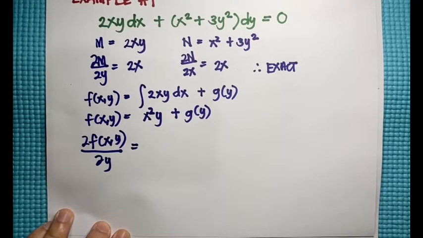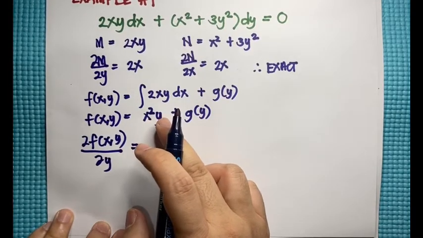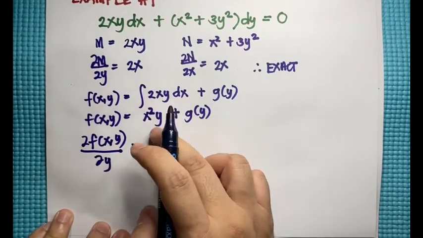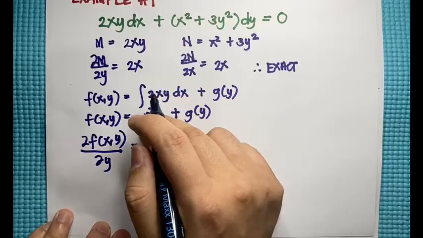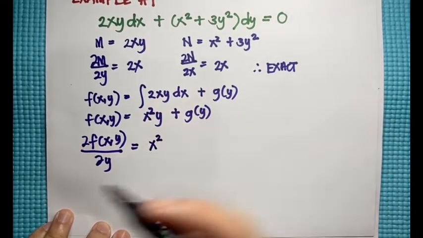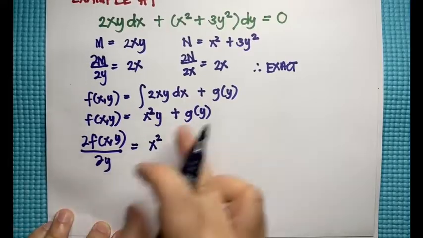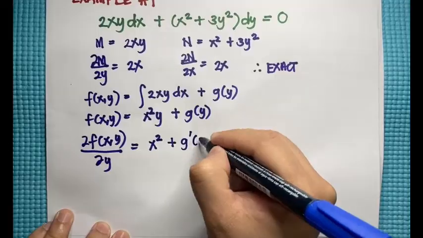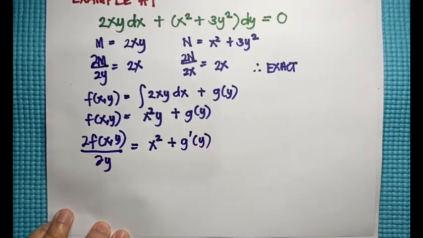So the derivative of x squared y with respect to y, the derivative of y is 1, and holding x squared constant, that would just be equal to x squared. And the derivative of g of y would be g prime of y.